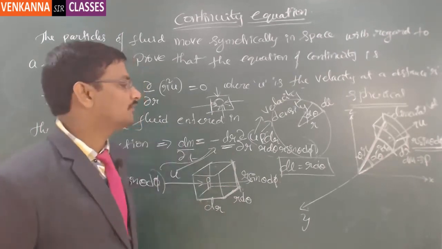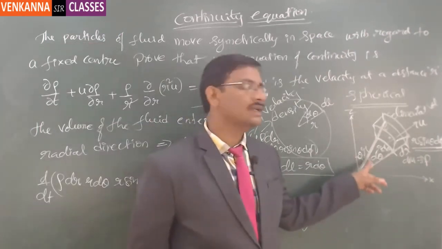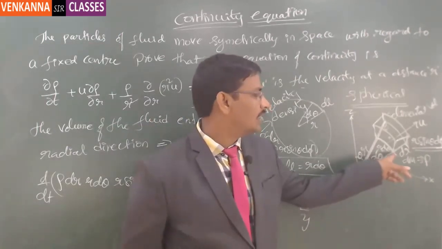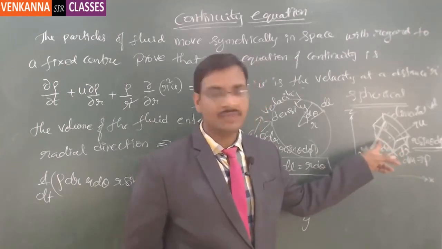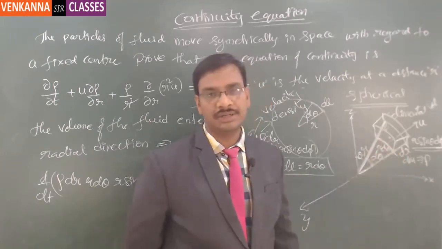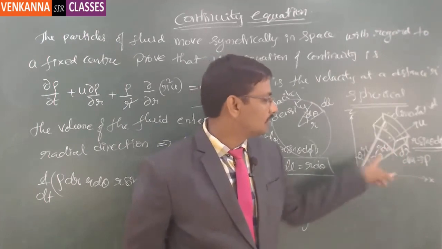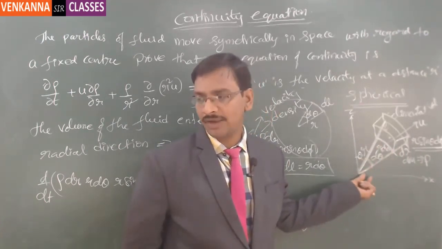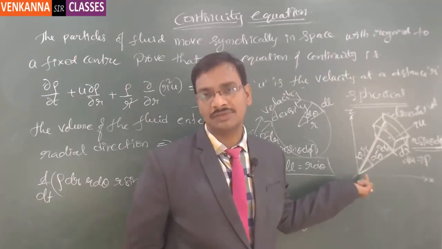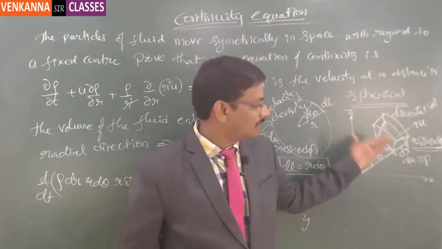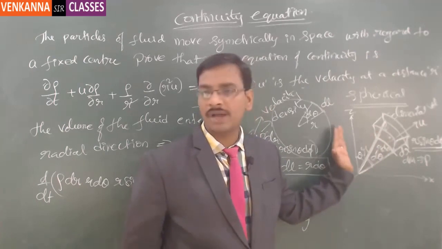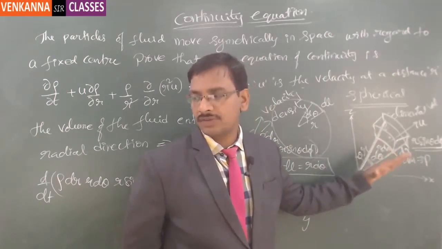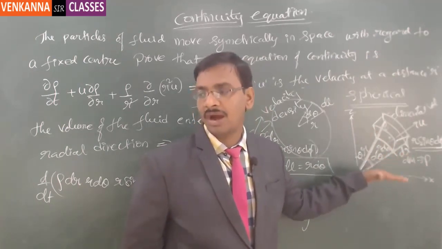For angle theta, the elemental angle is d theta. Obviously, the length enclosed on the periphery is r d theta. And suppose the angle in the xy plane is phi, so the elemental angle is d phi. The length is projected: the vertical component will be r cos theta and the component in the xy plane will be r sin theta.